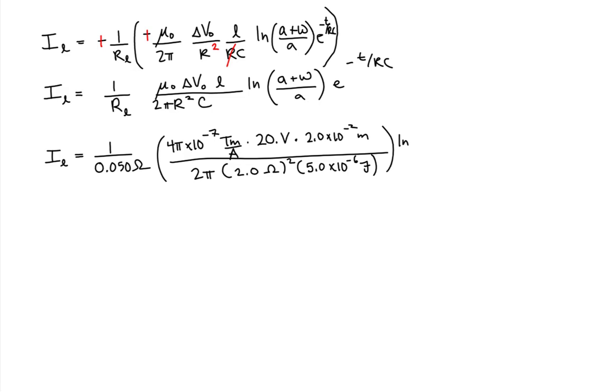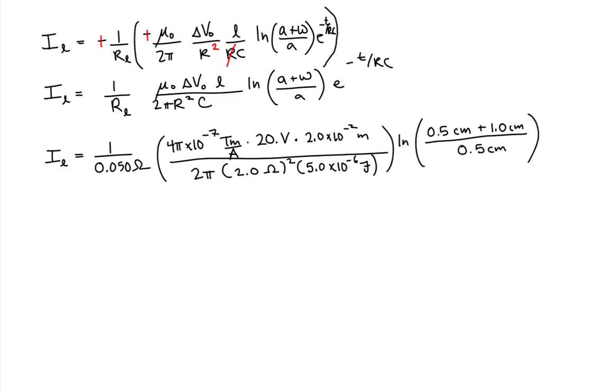This is times the natural log of the distance away from our loop, which is 0.5 centimeters, plus the width of our loop, which is 1.0 centimeters, divided by the distance away from the conducting wire, which is 0.5 centimeters.